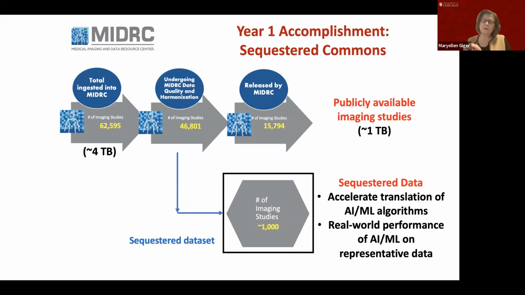We will then extract from this sequestered commons, using a task-based distribution method, a sufficient number of cases to test the algorithm and go back to the investigator or company saying you have an 83%. We will not tell them how it does on any type of cases. And if they were to come back in a year, we would redraw based on that distribution from the sequestered data set again and give them a performance number. This is to maintain the integrity of the test set.